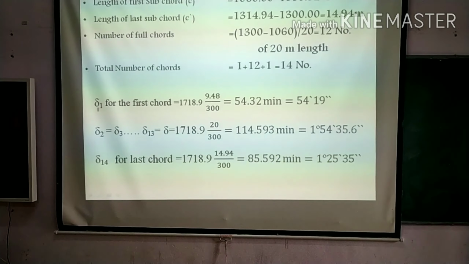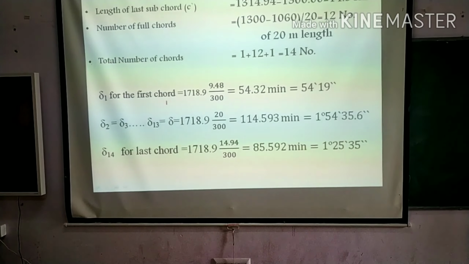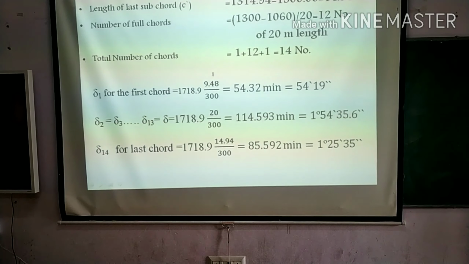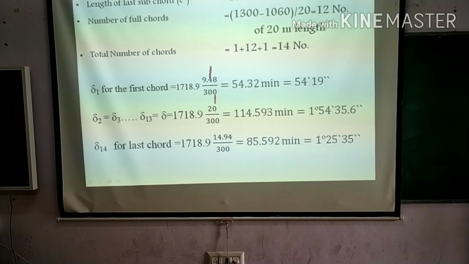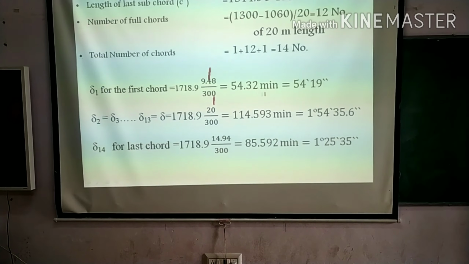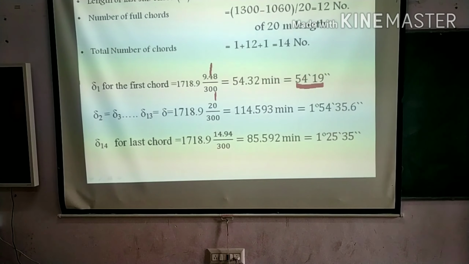Now, to calculate the tangential angles, delta 1 for the first subchord is equal to 1718.9 C by R, where C represents the length of the first subchord and R is the radius of the curve, 300, which gives 54.32 minutes. In terms of degrees and minutes, we can write it as 54 minutes and 19 seconds.